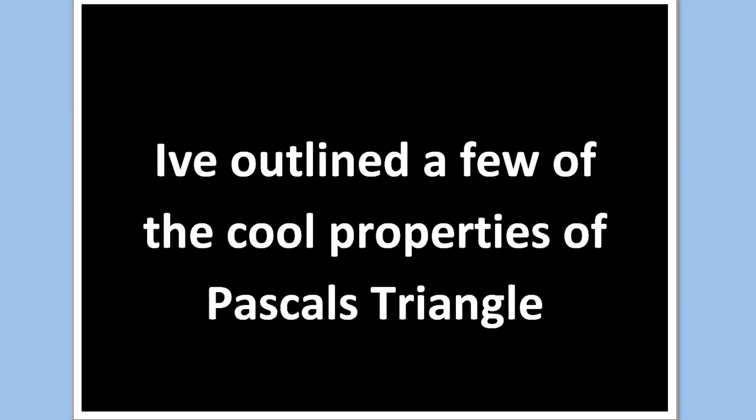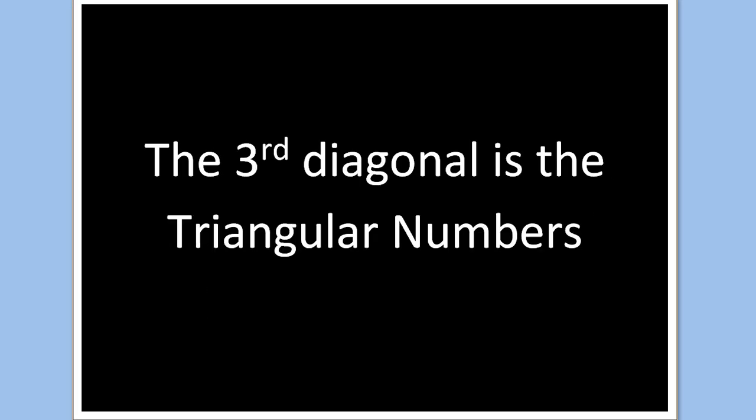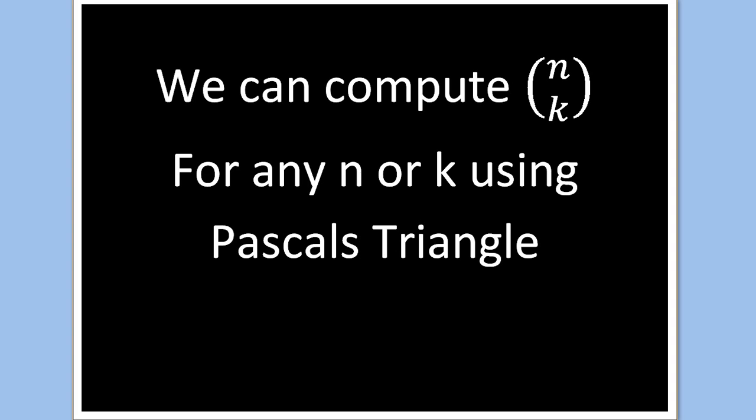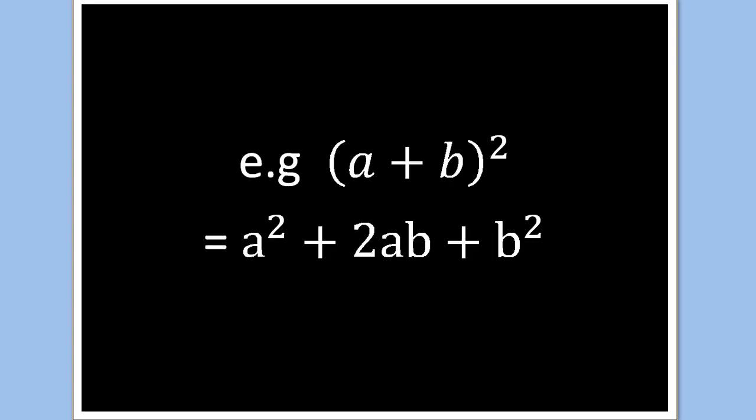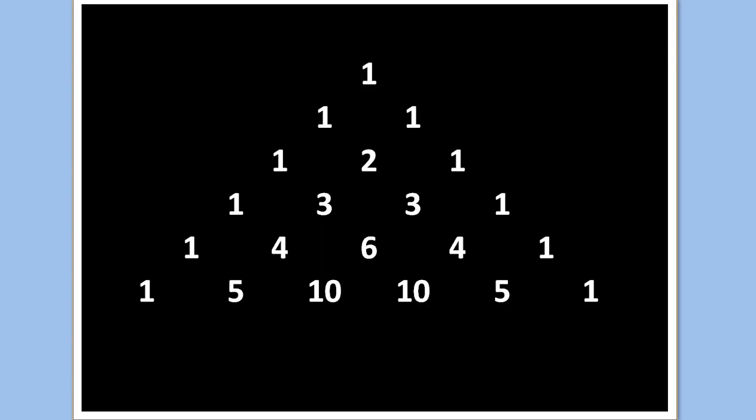So I've outlined a few of the cool properties of Pascal's triangle. One other little thing before I go. In terms of the n choose k's, there's a formula which I have covered in another video where you can add certain numbers together, and then you can come up with new formulas involving factorials and combinatorics like n choose k plus 1, etc. So imagine I had, for example, 4 choose 1.